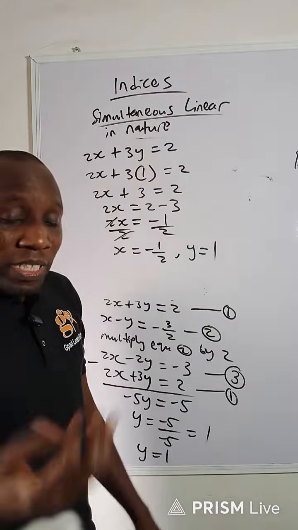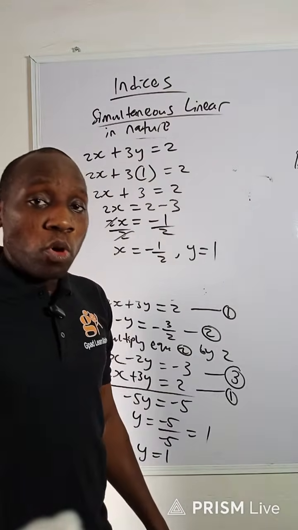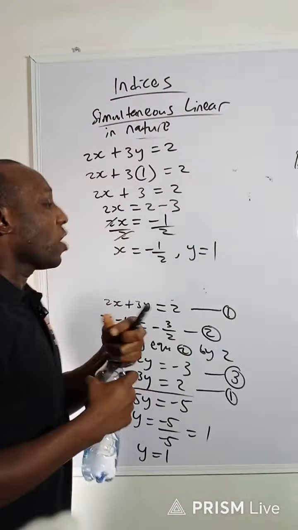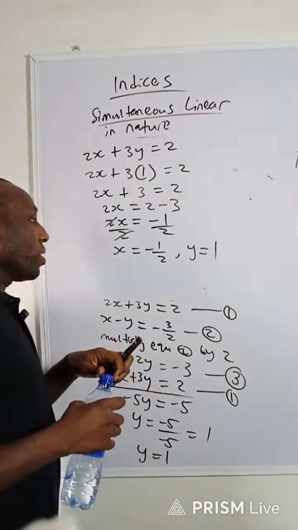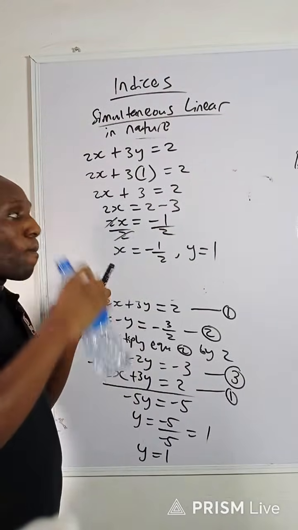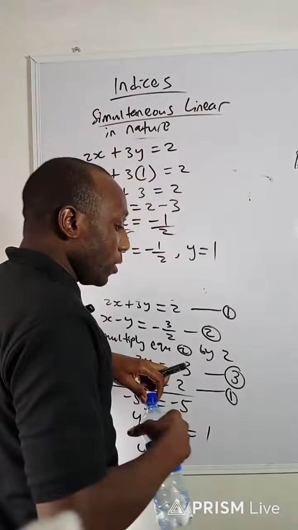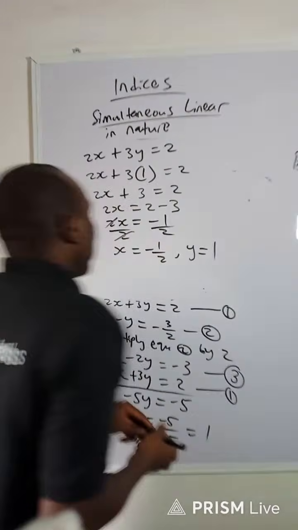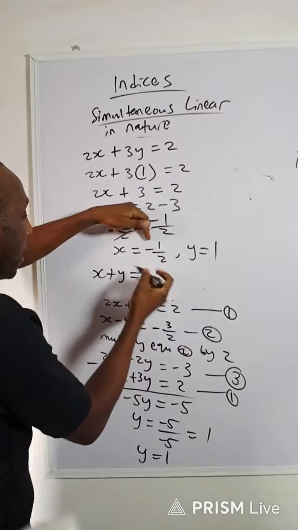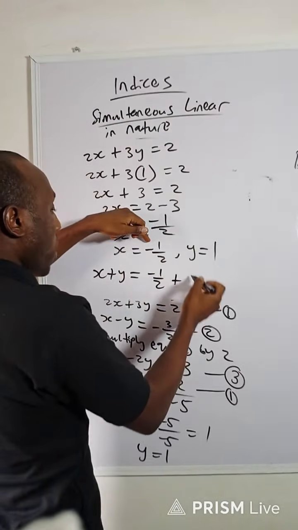But we're not done, because we're asked to find x plus y. So how do we get the value of x plus y? Here, x plus y will be equal to, x is negative 1 over 2 plus y, which is 1.